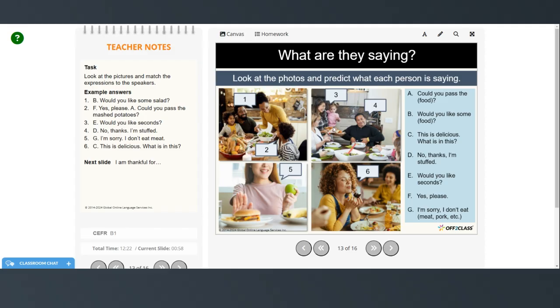Number three would be E. Would you like seconds? She's offering seconds. And then he's saying, no thanks, I'm stuffed. Stuffed means you have had too much to eat. This person is saying, I'm sorry, I don't eat meat. And then, this is delicious, what is this?